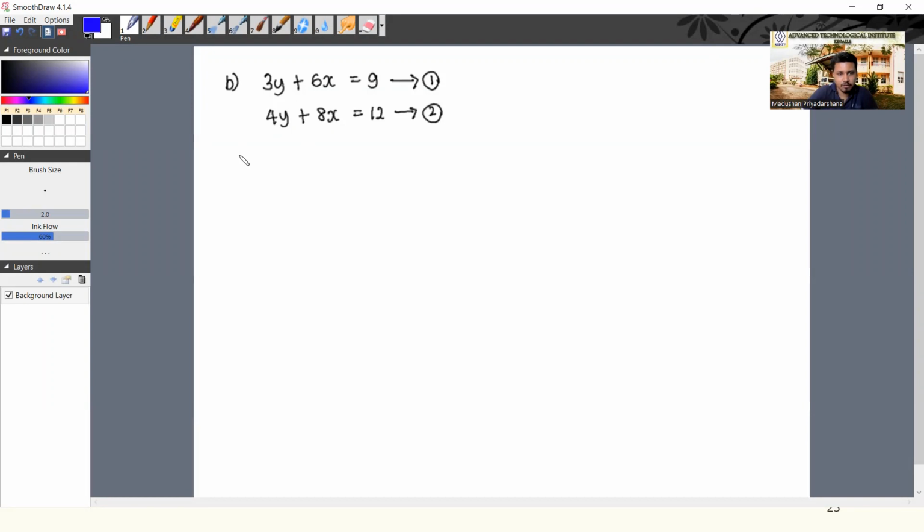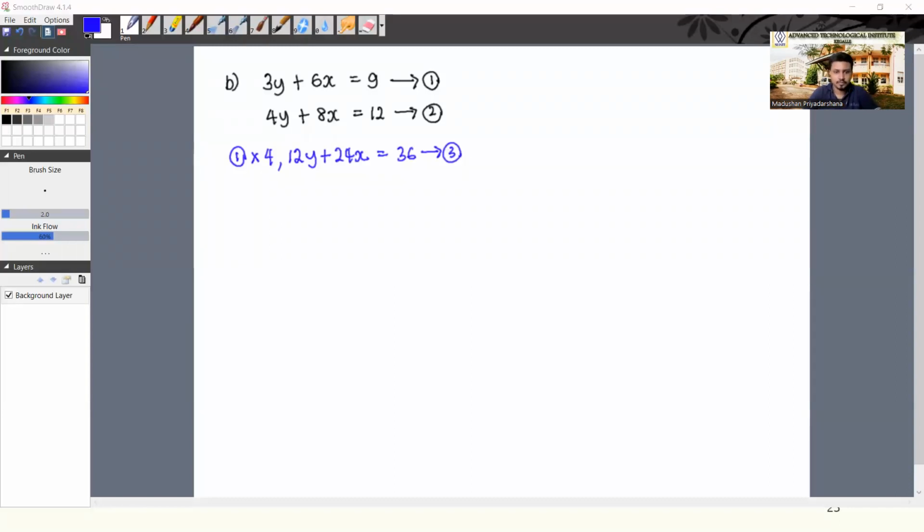12. Right. Therefore, in the first equation, to convert 3y into 12y, we need to multiply it by 4. 3y into 4, that is 12y. 6x into 4, that is 24x. 9 into 4, that is 36. So this is our third equation.